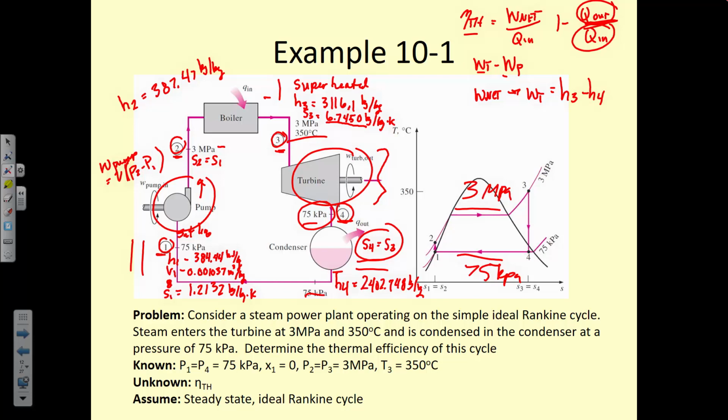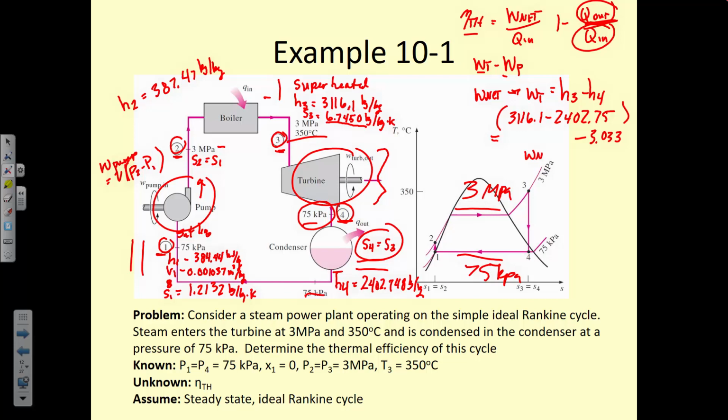We plug in the numbers: 3116.1 minus 2402.75 is equal to some number. And we subtract 3.033, which is the work of the pump that we calculated earlier on the other page.